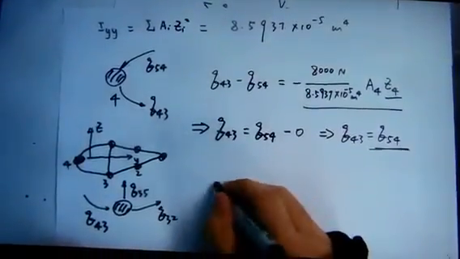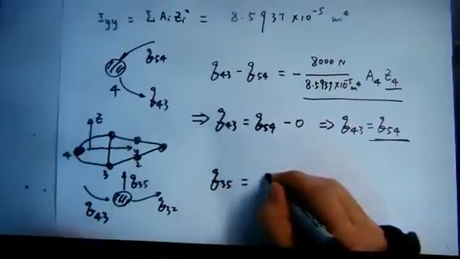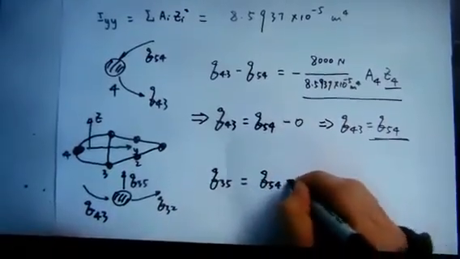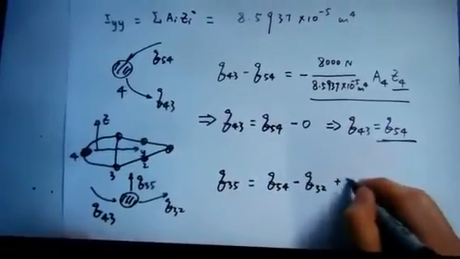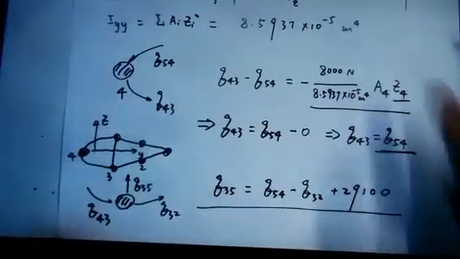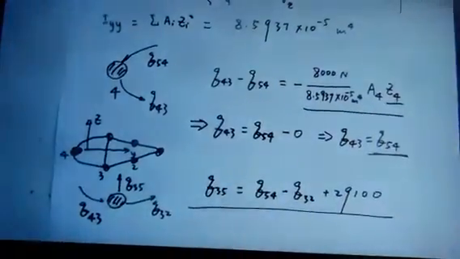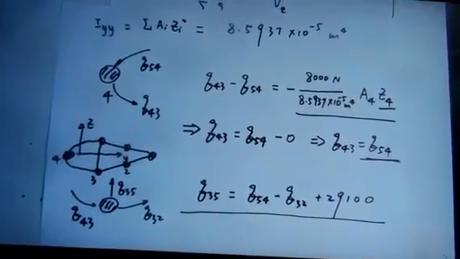So use this equation again. You can write Q35 equals Q54 minus Q32 plus 29100. I skipped the procedure. I'm just using that equation to do the balance of the shear flow. You have 3 terms, so that is why you have 3 terms here.